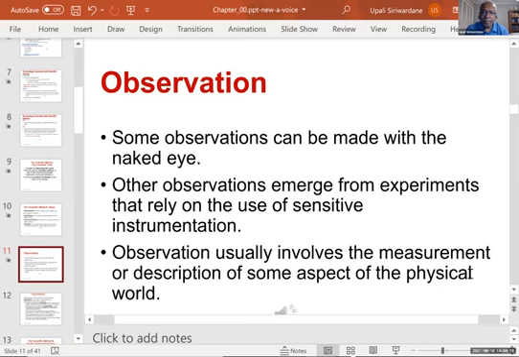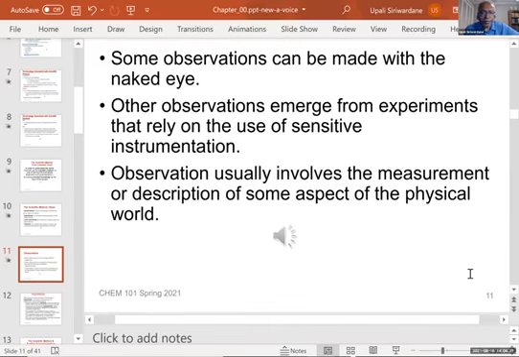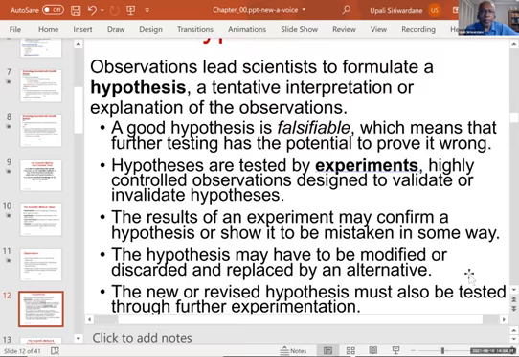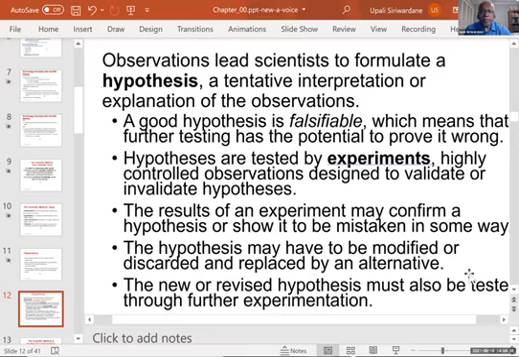Observation is a description of some physical aspect of the world as a number or description. So there are quantitative and qualitative observations. Observation leads to hypothesis.